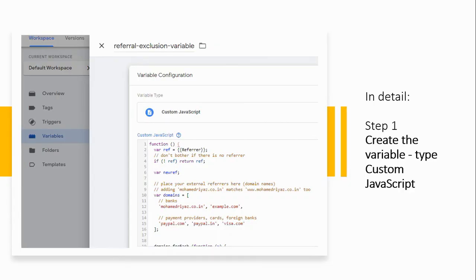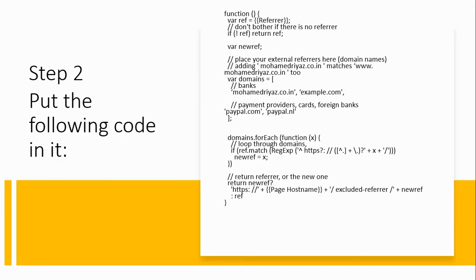Step 1, if I want to explain it in detail, is to create the variable using custom JavaScript in GTM. In step 2, just copy this code and paste it into the new JavaScript variable which you are going to create. Don't worry about that.